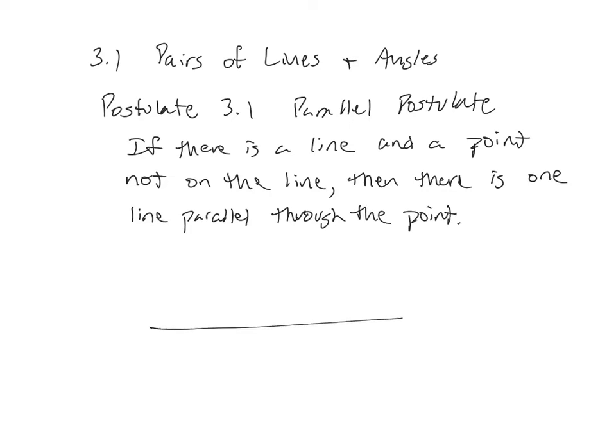So I've got some line over here, got some point, P for point. So I have a line and a point not on the line. There's only one line that is parallel through that point.